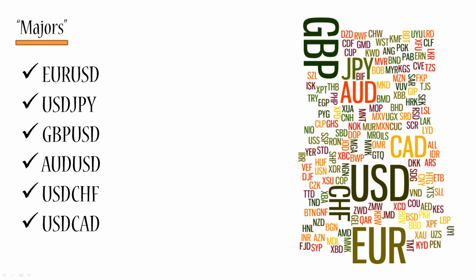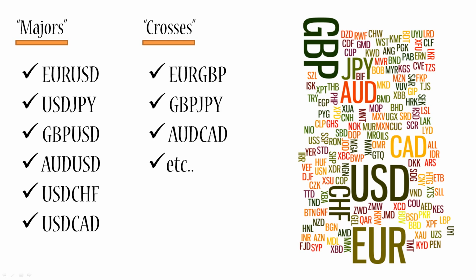And the second group is the crosses. Crosses are simply all currency pairs that do not include the American dollar, such as the euro British pound, yen, Australian dollar, Canadian dollar, and so on. And of course there are also all other currency pairs.